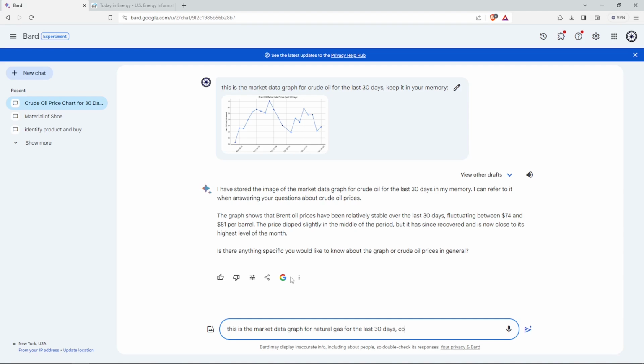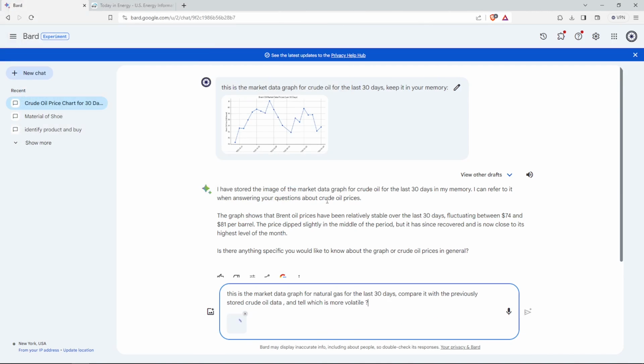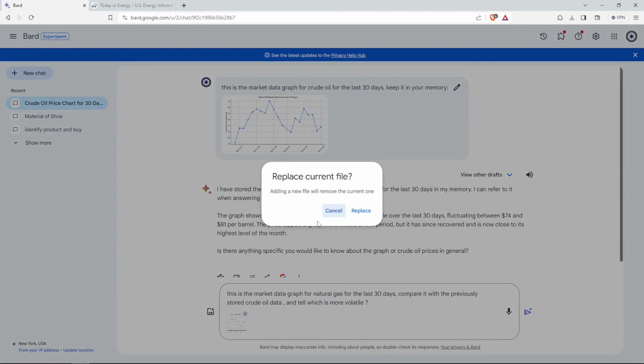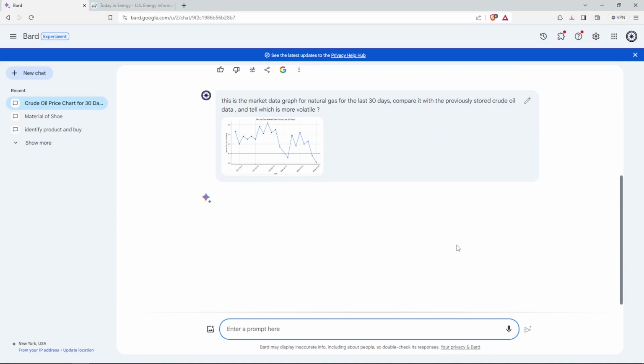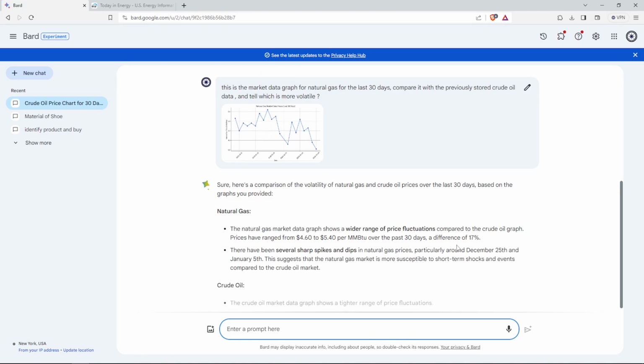Compare it with the previously stored crude oil data and tell which is more volatile. In this case, Bard will analyze and produce a deep data comparison table.